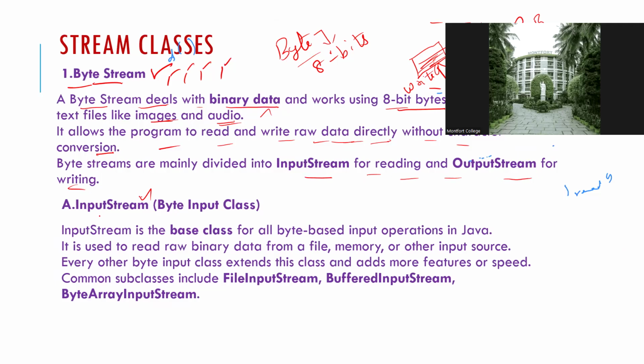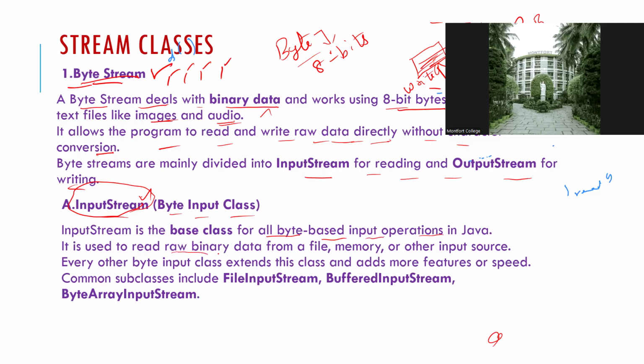Now in input stream, the byte input classes we have to include. Input stream is the base class under byte stream. It is the base class for all byte-based input operations in Java.